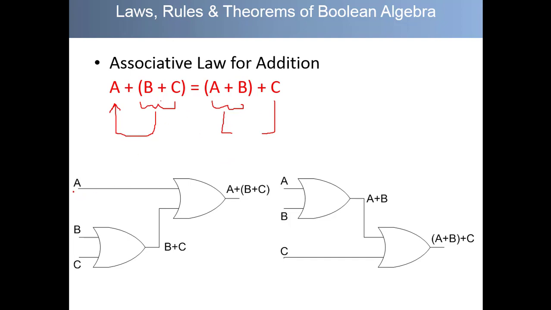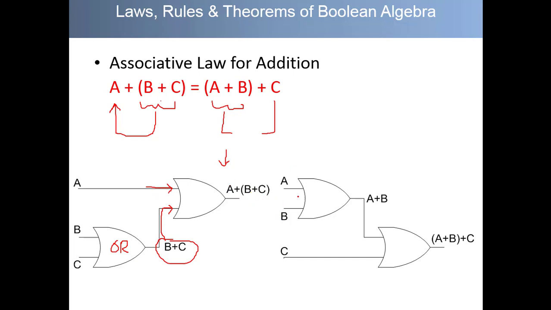So here we have a schematic of these two situations. First we take the OR operation of b and c, and the result is then ORed with input variable a. It produces a plus b plus c.